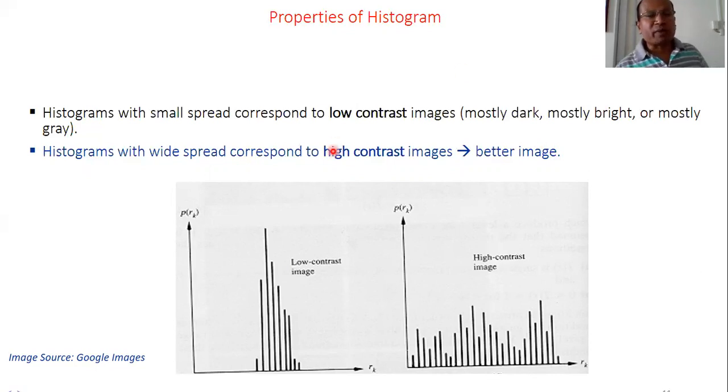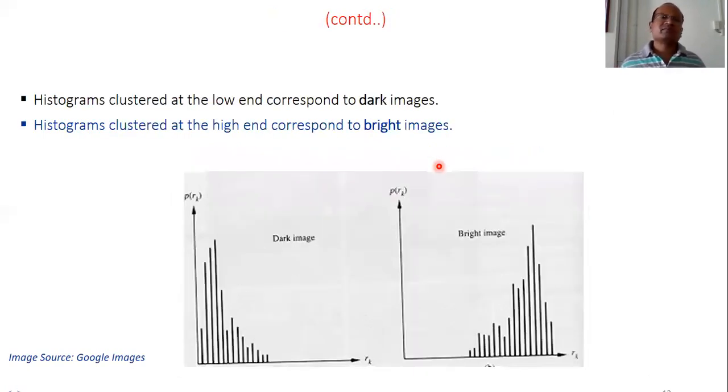Histograms with widespread or wide window are high contrast images, and that is considered a better image. This is one property you can say. What is the property? Narrow window histogram, low contrast image. Wide window histogram, better image, or high contrast, better contrast images.